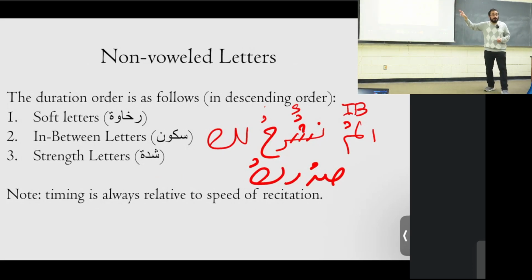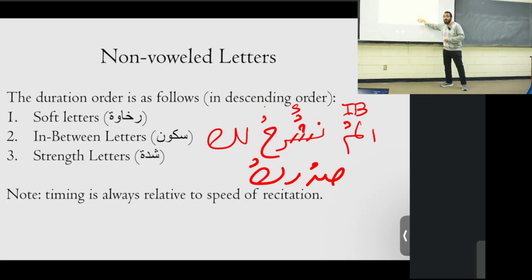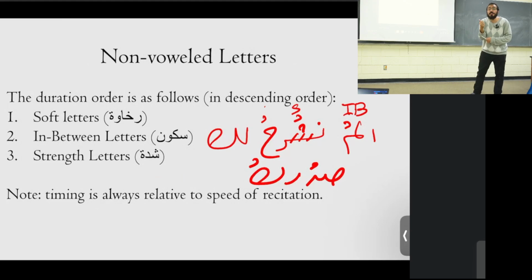Does that make sense? Yes? No? So, the dal and the kaf here, what letters are they? Are they rakhawa? They are shidda. So the amount of time that I'm going to give for them is very small. So I'm going to say, Alam nashrah laka sadrak.